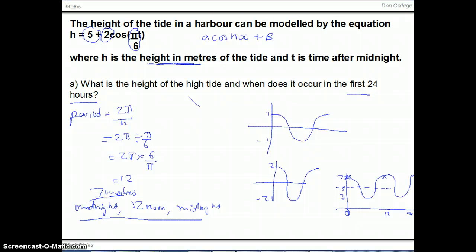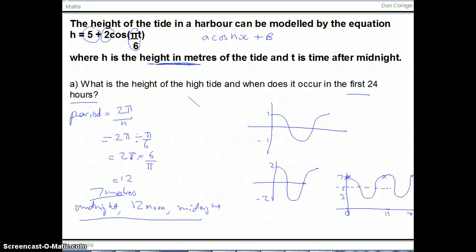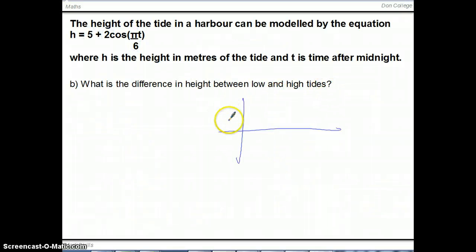Now, if we have a look at the next one, question B, what is the difference in height between the low and high tides? Alright, so our sketch now was between, what was it, between 3 and 7. And remember it had that kind of mean line there.